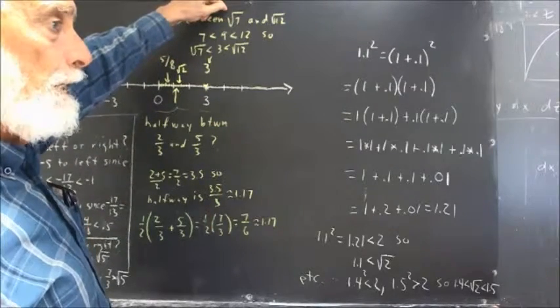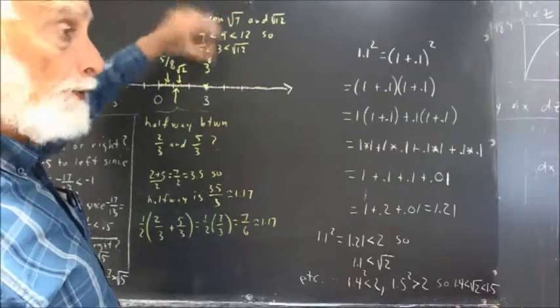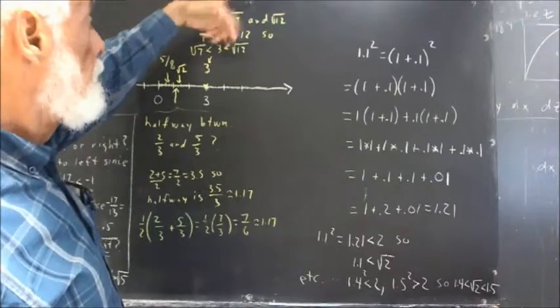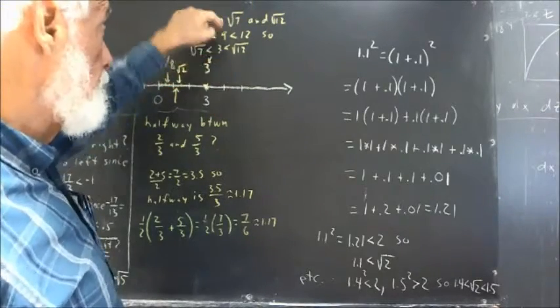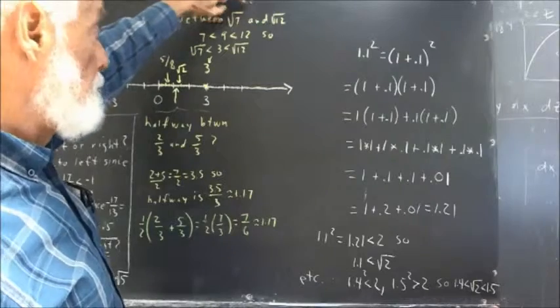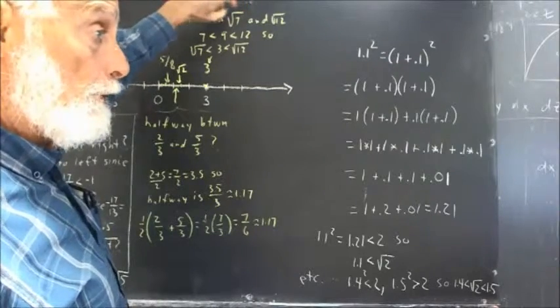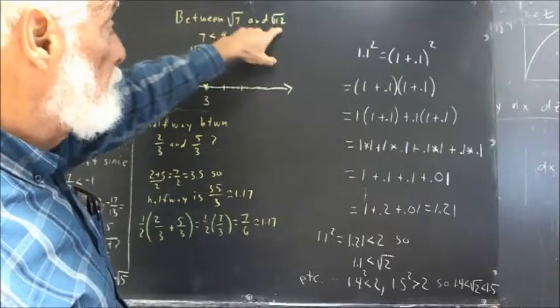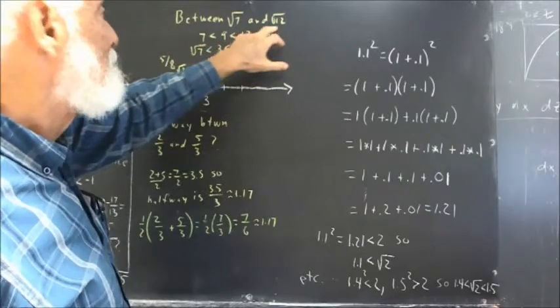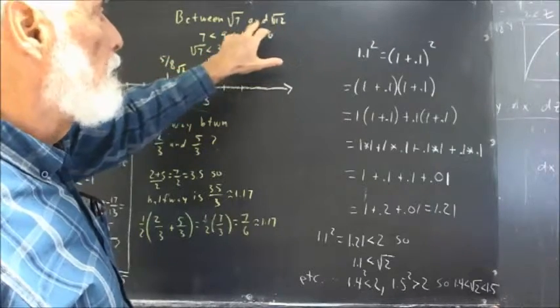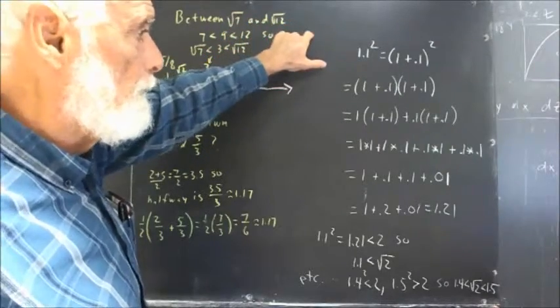The square root of 7 is between 2, whose square is 4, and 3, whose square is 9. Now, we immediately get to the 9 and the 3 by that, but the square root of 7 is between 2 and 3. And the square root of 12, well, 12 is between the perfect square 9 and the perfect square 16.